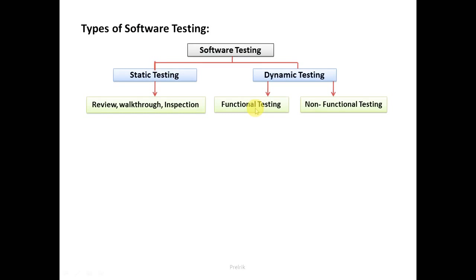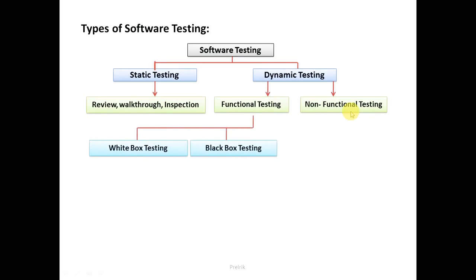This area will be covered as part of functional testing. Non-functional testing will cover all those aspects of the product which are not covered in the SRS, but which are actually required in order to work on those products smoothly and without any worry. So what does it mean? Let's see it here.